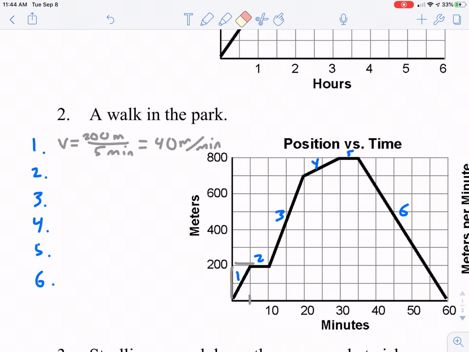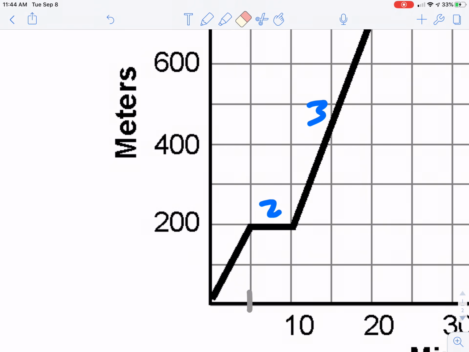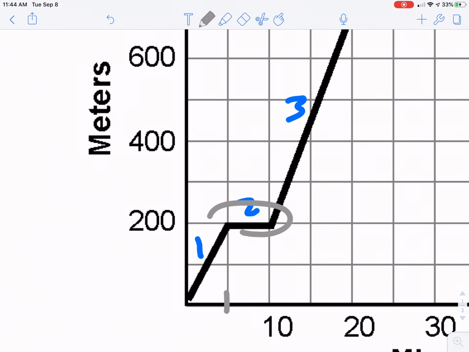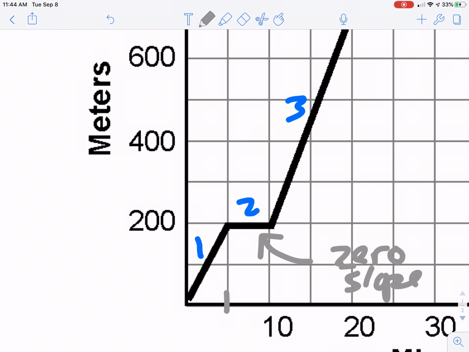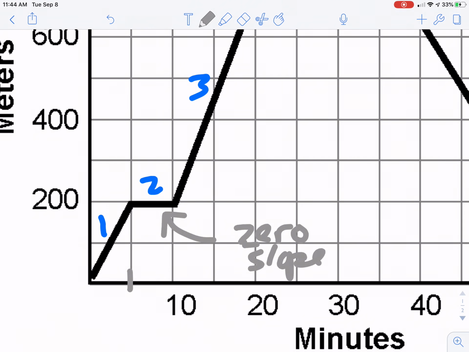The second one has a flat line, and slope is all about steepness of a line. The slope of a flat line is 0. That's 0 slope, because it's 0 steepness. 0 slope means 0 speed, right? We're not going anywhere.